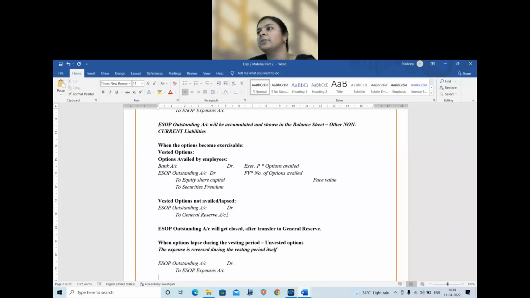It is reversal of profits of the previous year. ESOP outstanding account will get closed after the transfer to general reserve, which means vested exercised plus vested lapsed will together close your ESOP outstanding account.